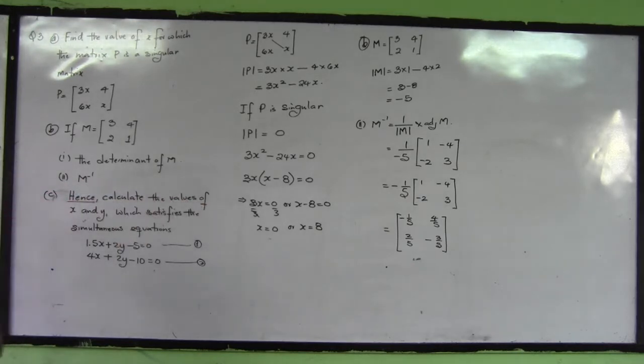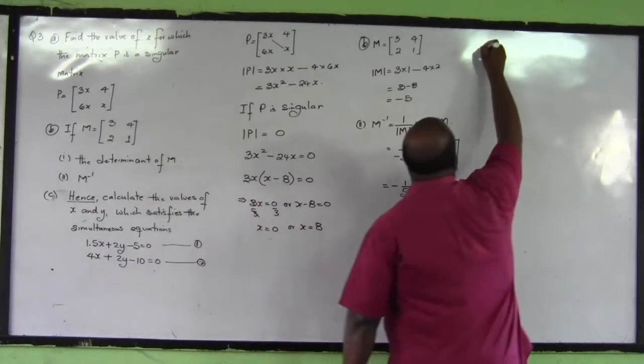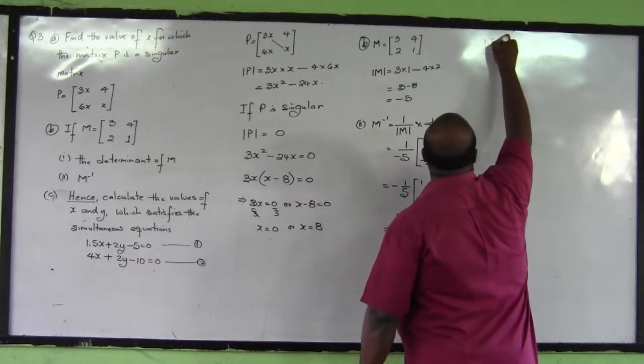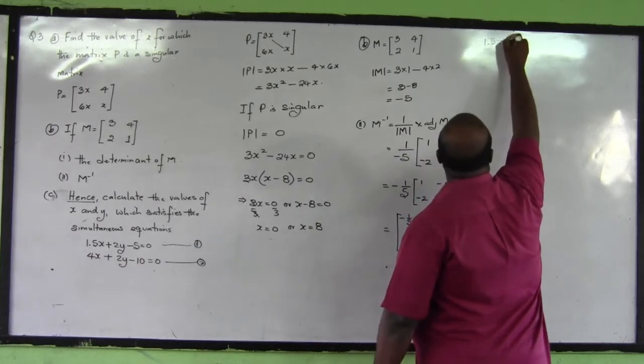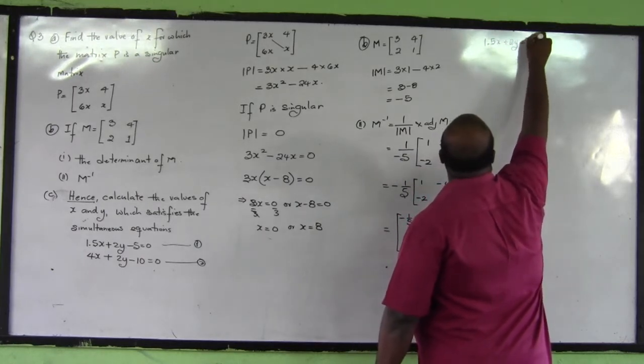I just found the inverse of M. Whatever I did before must be used in the solution of this equation. So let us show you how it's going to happen. First of all, I'm going to change this up a little. The negative 5 will go over and become positive, and the negative 10 will go over and become positive as well. So now I'm going to have 1.5x plus 2y is equal to 5.